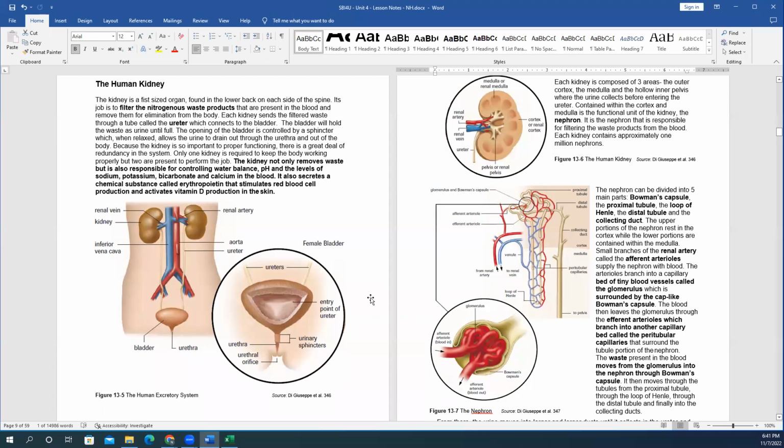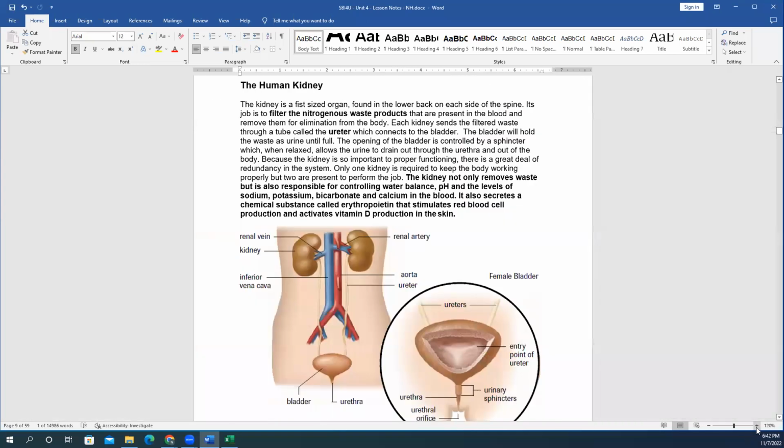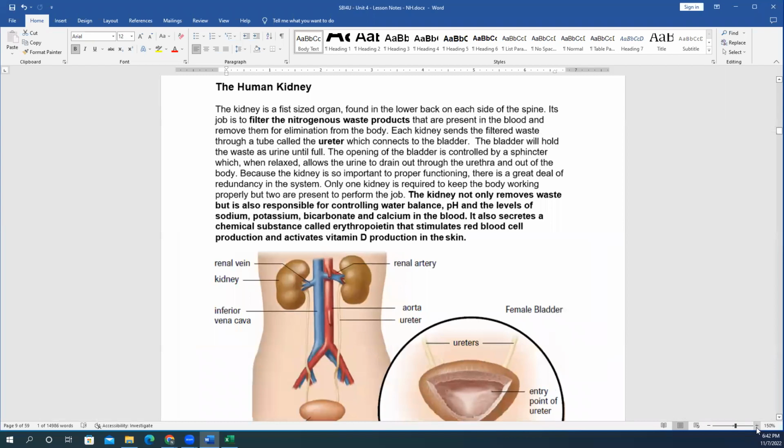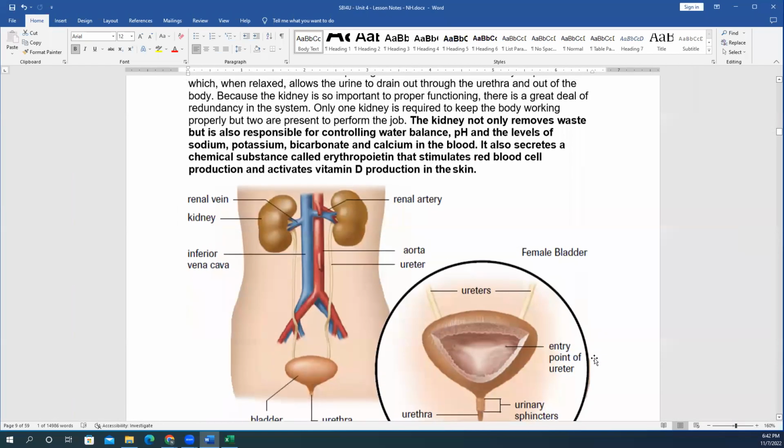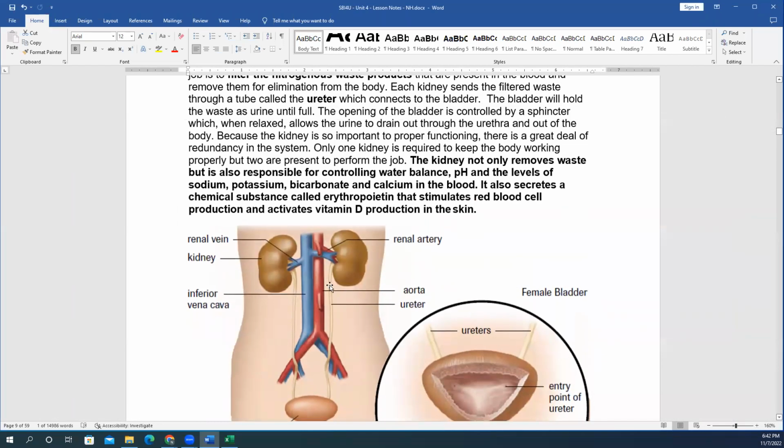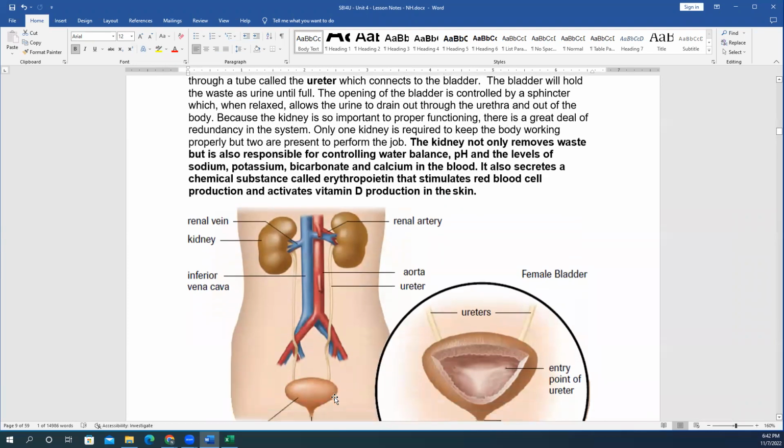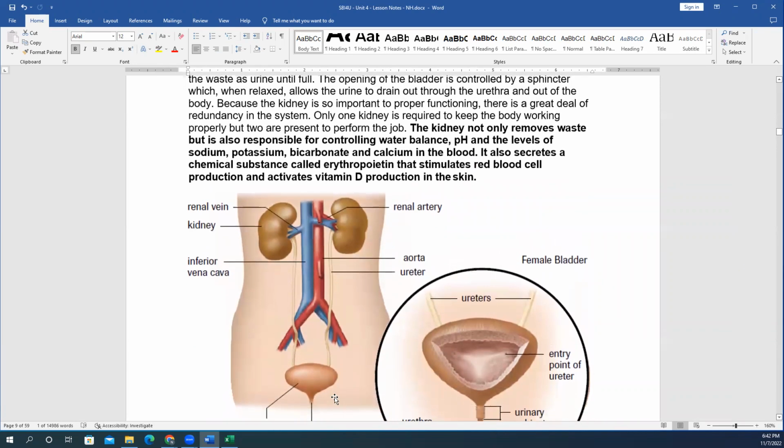Let me just zoom in on it a little bit more. These tubes here are the ureters, which connect from the kidney down to the bladder. This bladder will then hold this urine waste until it's full.